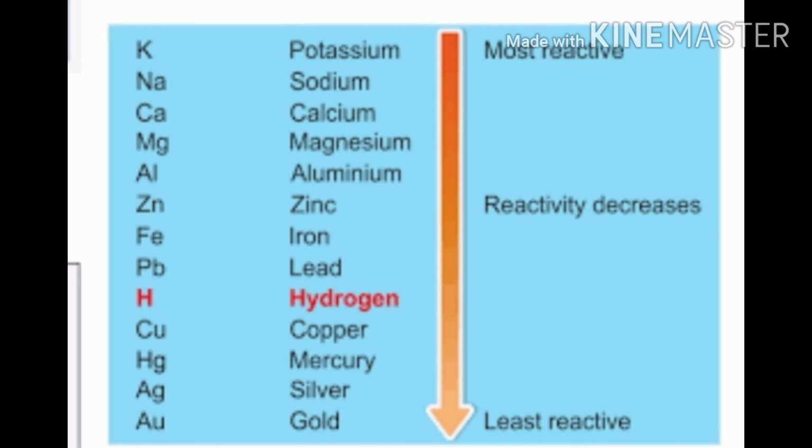As we already know, sodium and potassium are at the top, showing that these are the most reactive metals. Then calcium, magnesium, aluminium, and iron are reactive, but they react at a moderate rate. Metals like lead and copper are least reactive, while metals like silver and gold do not react.